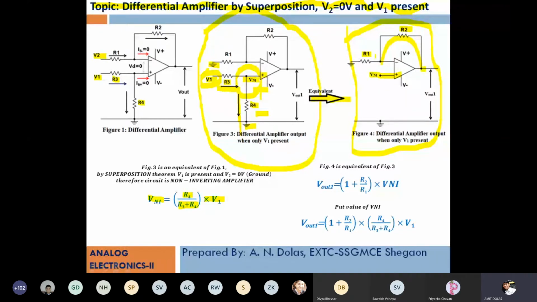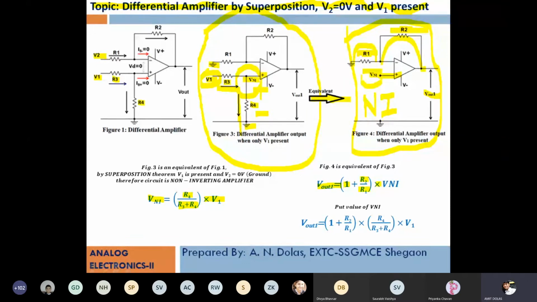So this mode of operation will of course be non-inverting, and the gain will be 1 plus R2 by R1. So what is Vout1? We are interested in the output of this circuit due to the effect of V1. Vout1 will be equal to 1 plus R2 by R1 into the voltage present at the non-inverting terminal, and that is nothing but VNI.